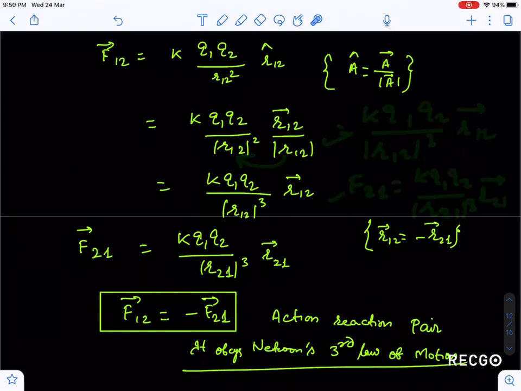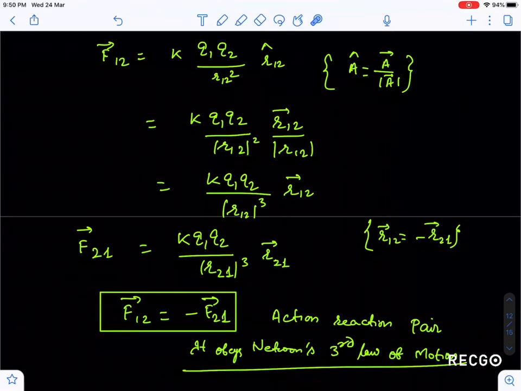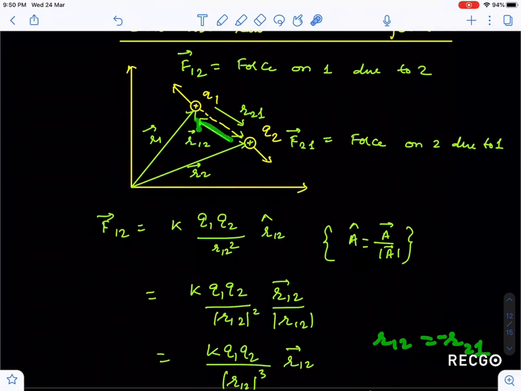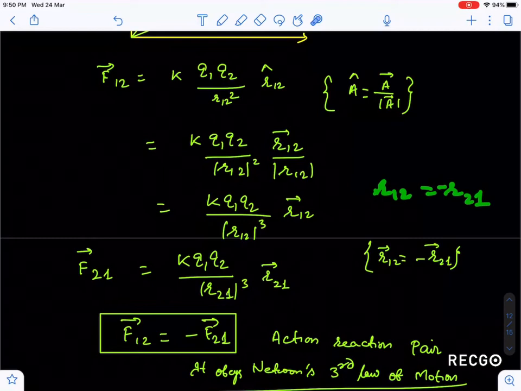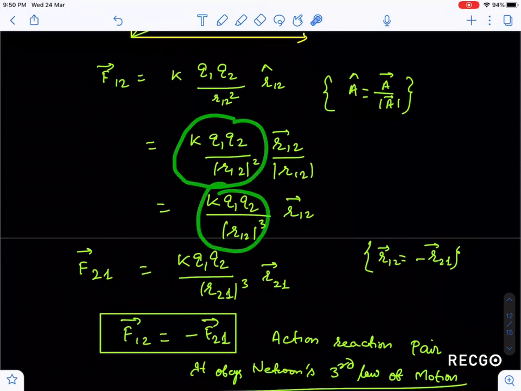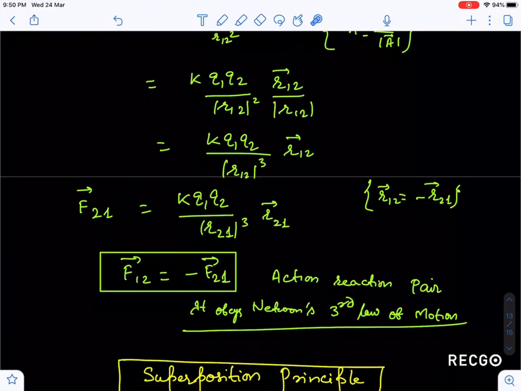Now I will compare F12 and F21. I know that r12 is equal to minus r21. Why? Because you will see the direction of r12 is this one and r21 is this one, so r21 and r12 are equal and opposite. So r12 is equal to minus r21. Now all these things are identical; the difference is only in these two vectors.